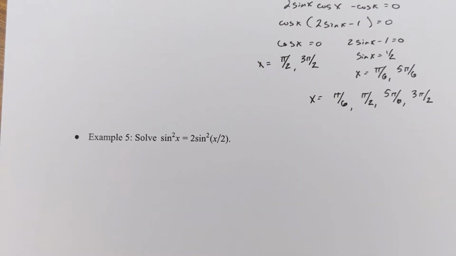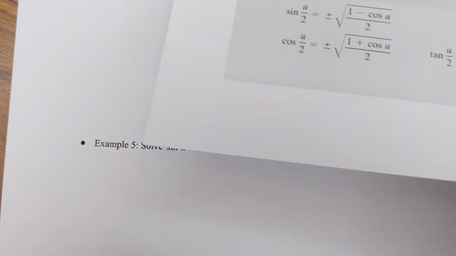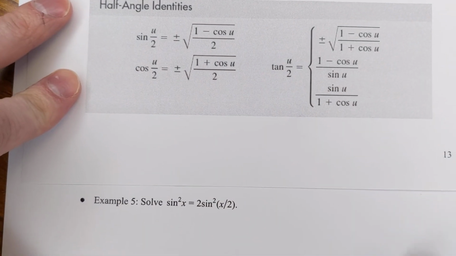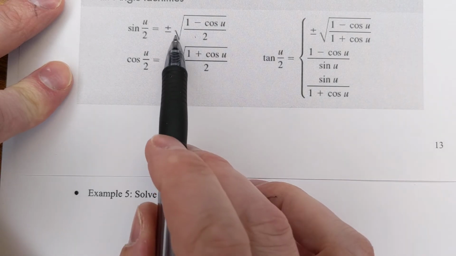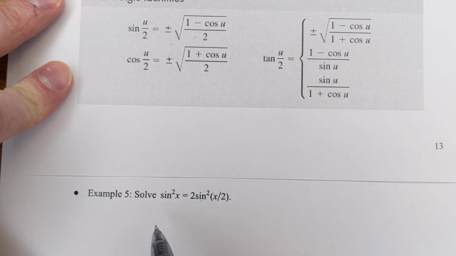Okay, solve the equation sine squared x equals sine squared x over 2. It looks like a half angle in there, so we're going to use our half angle formula. So we're using this guy. Now notice, because this is sine squared, it's going to take that square root off.